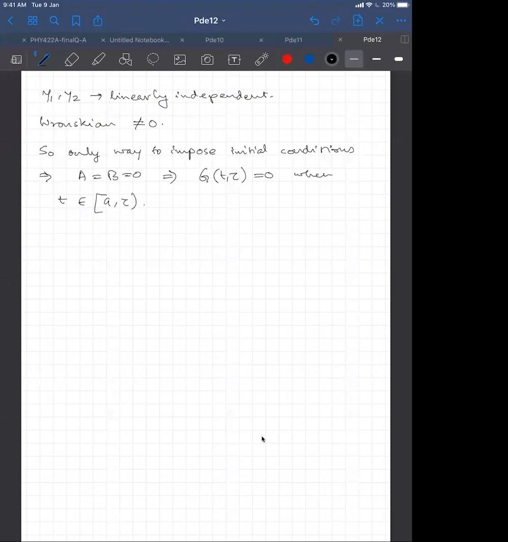Now, that was point 2. Point 3 is when you have t greater than tau: the Green's function is a general solution to the homogeneous equation, so G is again some c y1 of t plus d y2 of t.